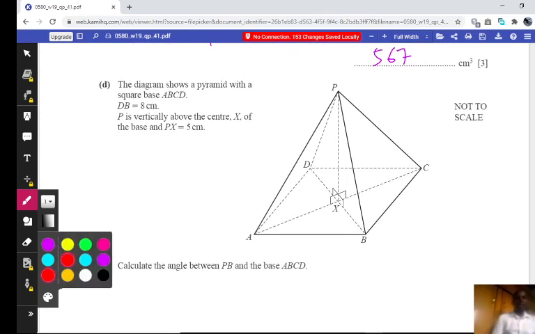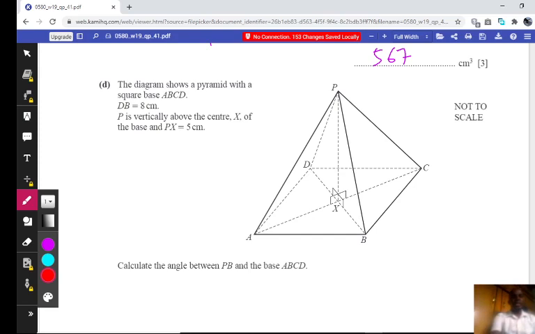Right. Next, part D. The diagram shows a pyramid with a square base, A, B, C, D. DB is 8 centimeters. That's the diagonal of the square. Remember, if it's a square, then diagonals DB and AC bisect each other at 90 degrees, or at right angles.